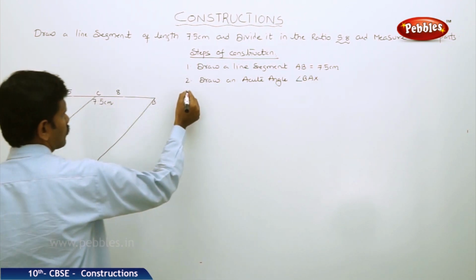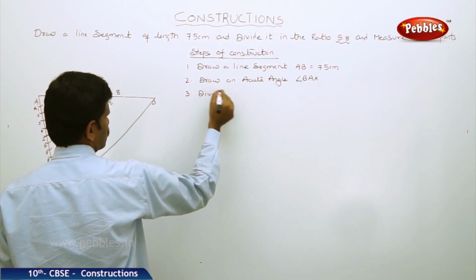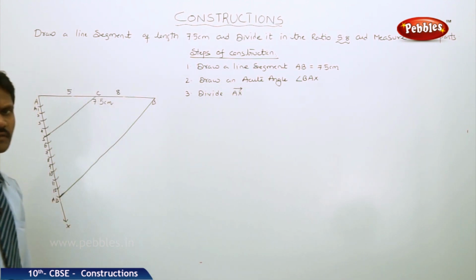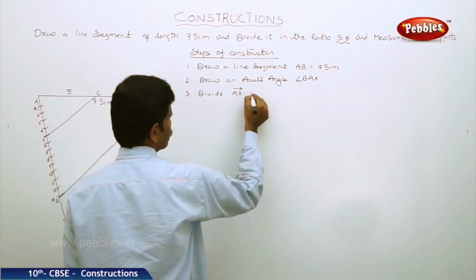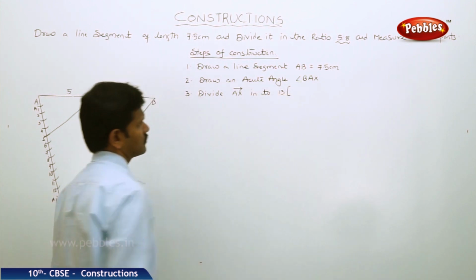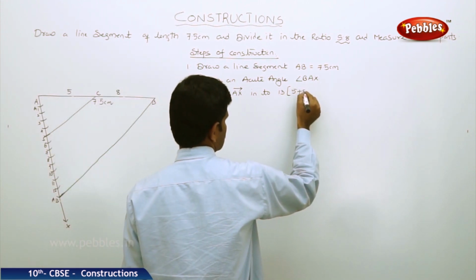Next, divide AX, it is a ray, divide AX into 13. How 13? Our ratio 5+8.